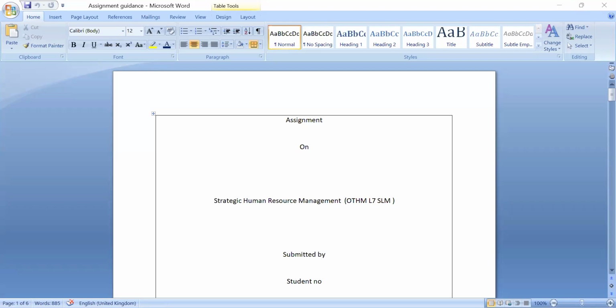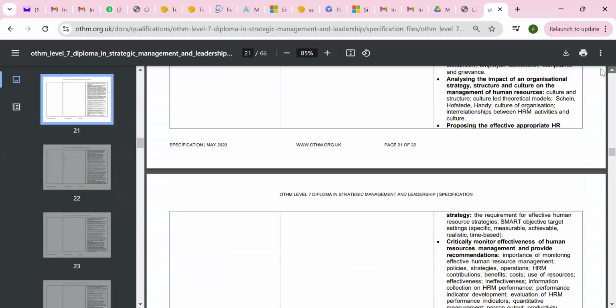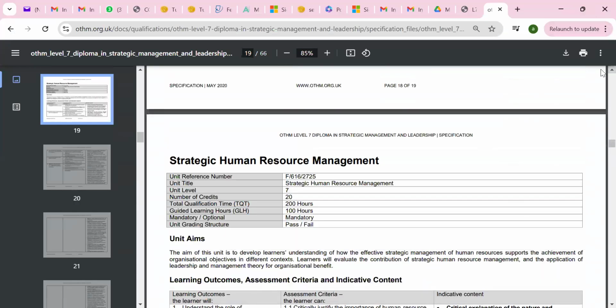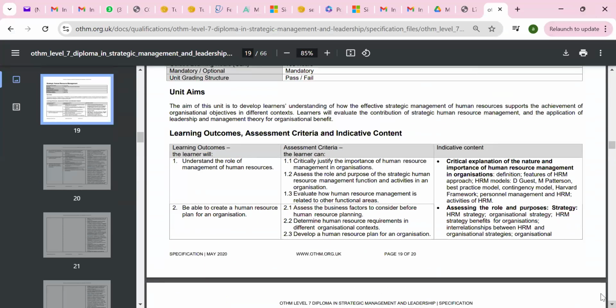You've also been given the unit specification, and I can highlight it here. When you're doing these tasks, say LO1, LO2, LO3, look at each LO, because the criteria are only pass and fail; if you don't meet them, you will see all the models here. If you discuss these, you are meeting this learning outcome.